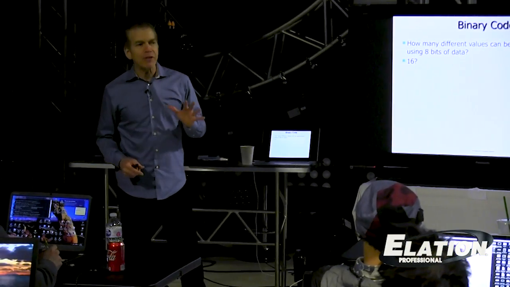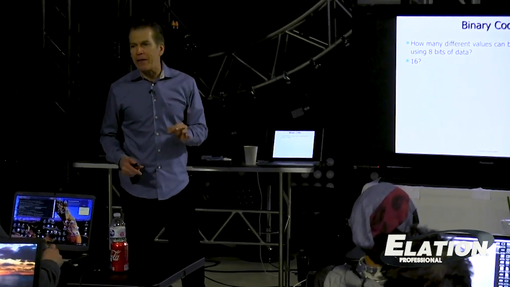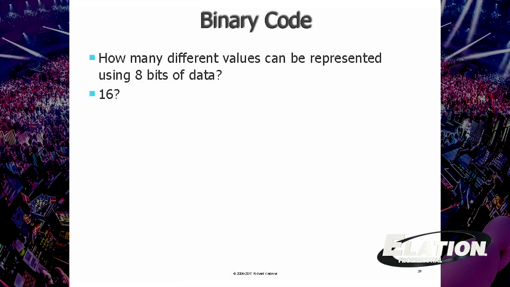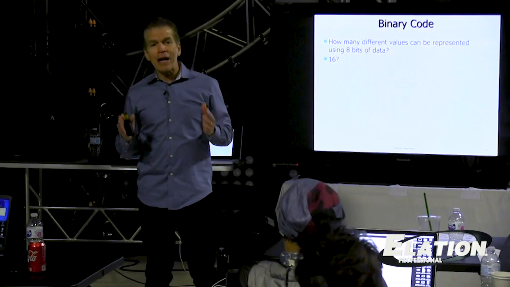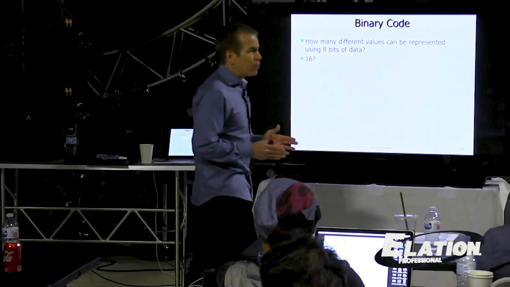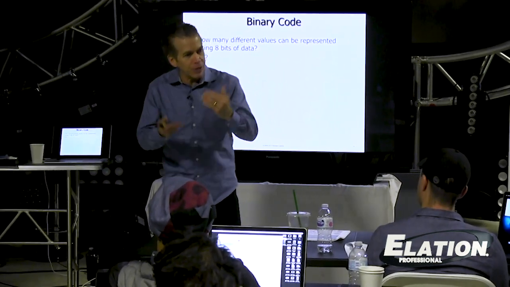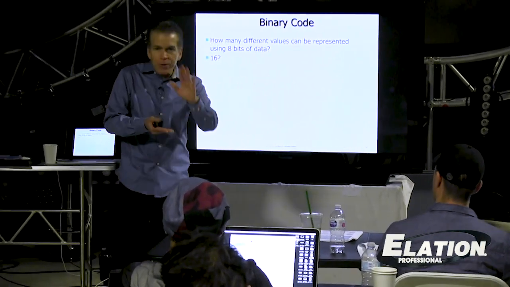But now, with 8 bits of data, remember 8 bits is a byte. With 8 bits, there are 256 different levels, or 256 different combinations of 8 bits. So DMX, for example, is an 8-bit protocol. That means that every byte of data can represent 256 different levels, whether that's a dimming level, pan or tilt.